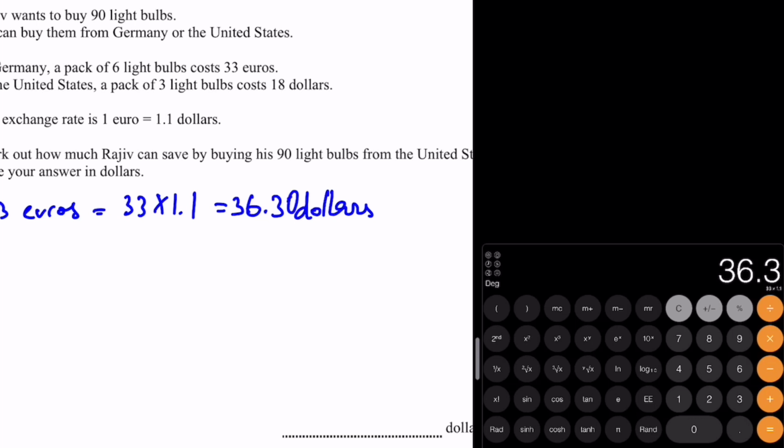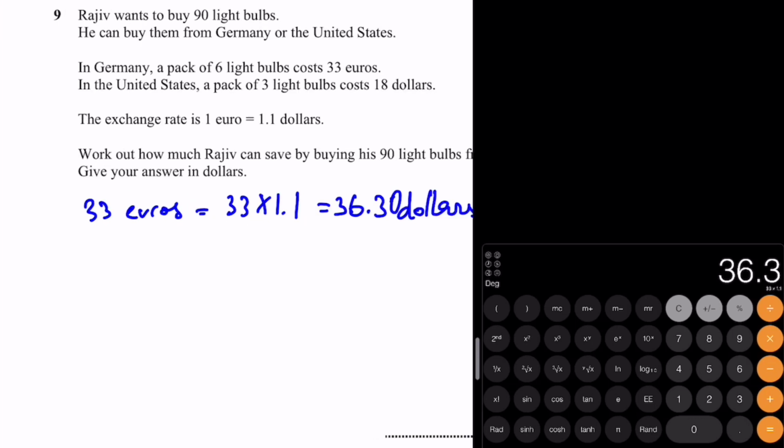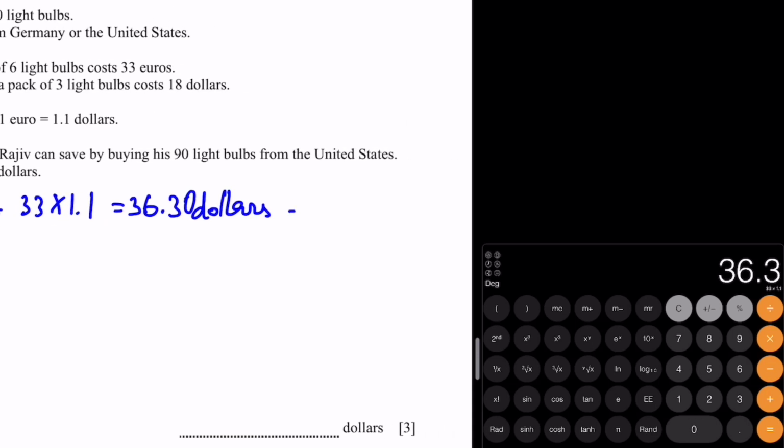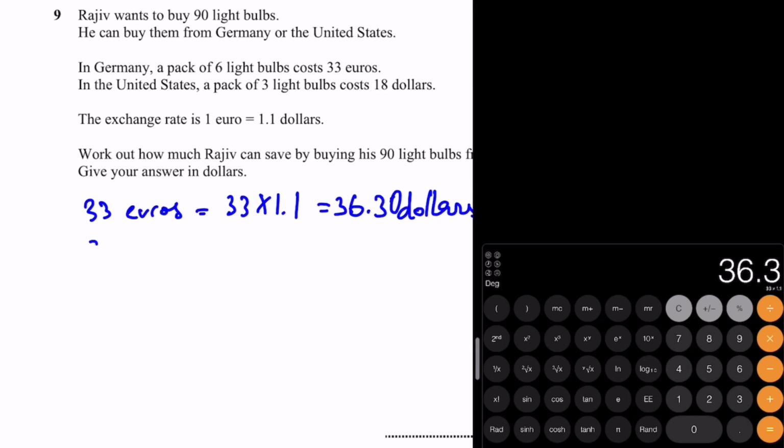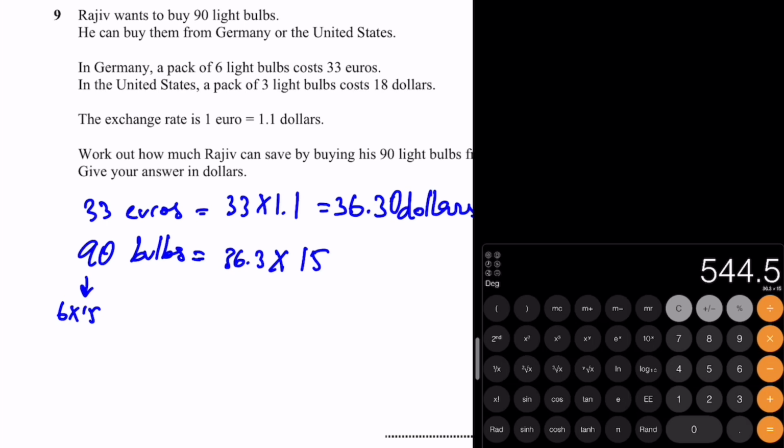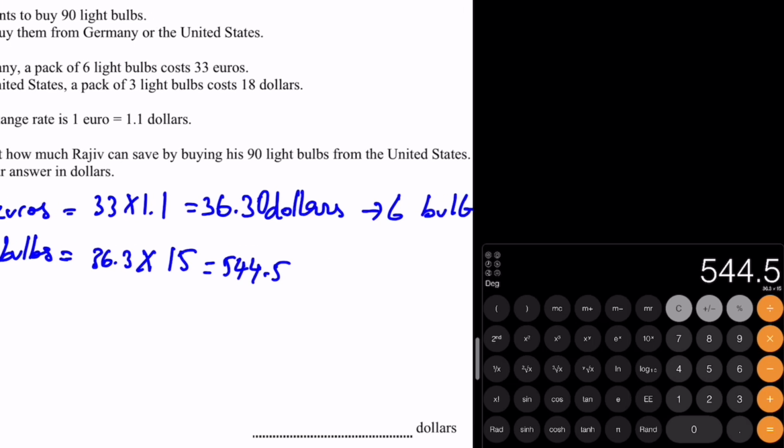Actually, we'll write it as 36.30. Now, this is the cost of 6 bulbs. For 90 light bulbs, it'll be 36.3 multiplied by 15, because 90 is 6 times 15. When you multiply it by 15, it becomes $544.5.